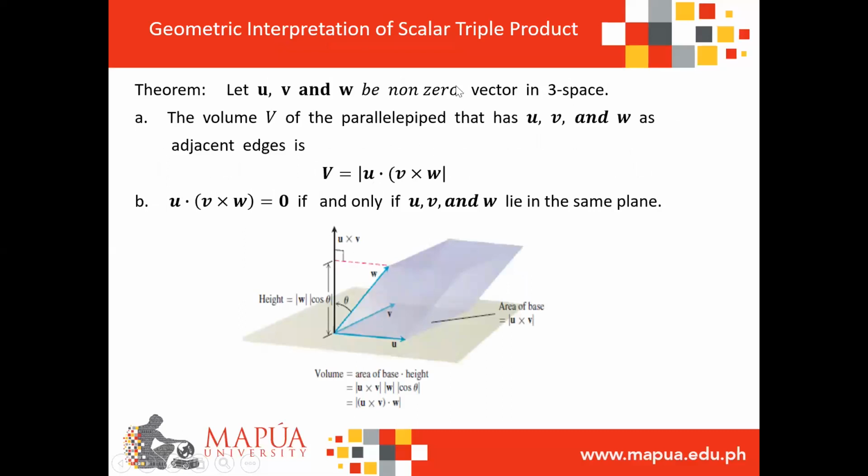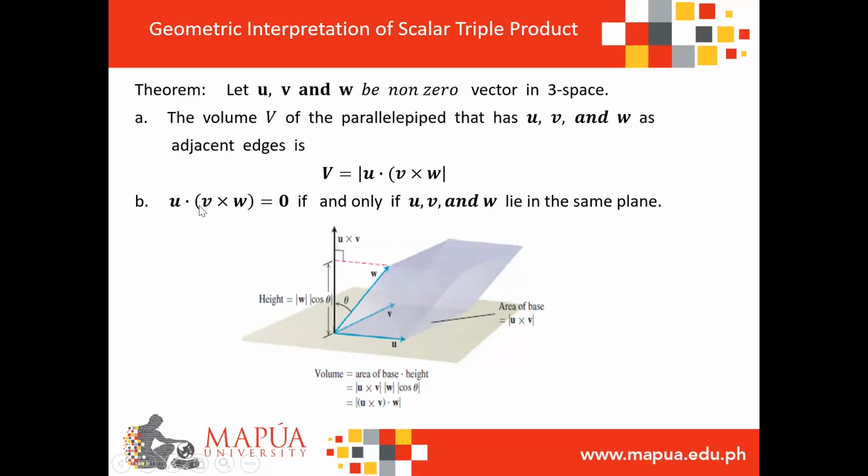For the geometric interpretation of scalar triple product, we have the following theorem. Let vectors u, v, and w be non-zero vectors in three space. For the first geometric interpretation, the volume V of the parallelepiped that has vectors u, v, and w as adjacent edges is given by volume V equals the absolute value of the scalar triple product, denoted by u dot quantity v cross w.